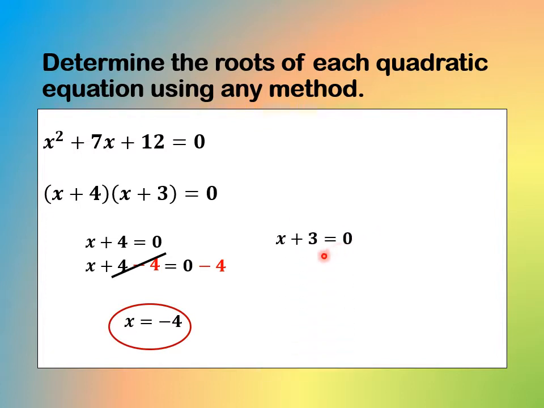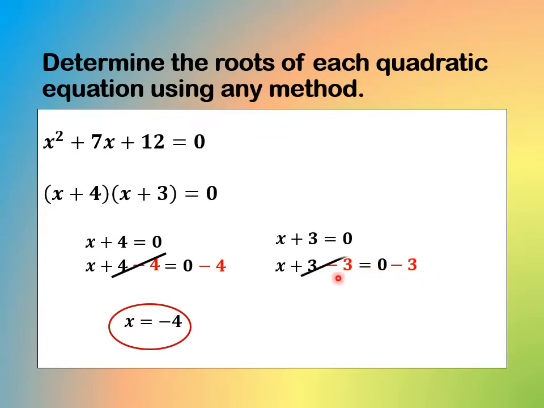How about x plus 3? Again, by using the zero product property, so we have x plus 3 is equal to 0. So dito, ano ba ang makakapagpa-0 kay 3? Okay, that is minus 3 also. So, x plus 3 minus 3 is equal to 0 minus 3.